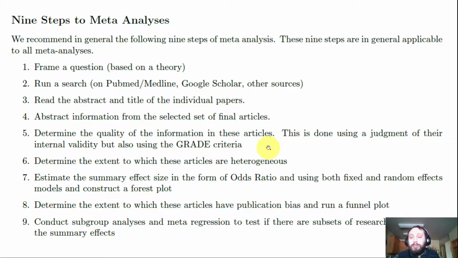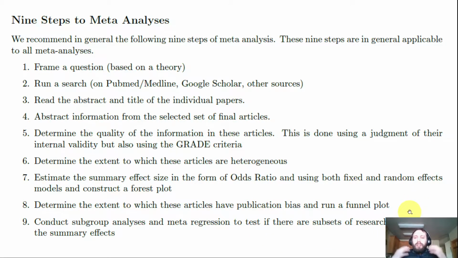This is done using judgment and internal validity, but also using something called GRADE criteria, which we're not going to learn about today. Determine the extent to which these articles are heterogeneous, estimate the summary effect size and odds ratios using both fixed and random effects models and construct a forest plot, determine the extent to which those articles have publication bias and run a funnel plot, and conduct subgroup analyses and meta regression to test if there are subsets of research that capture the summary effects.